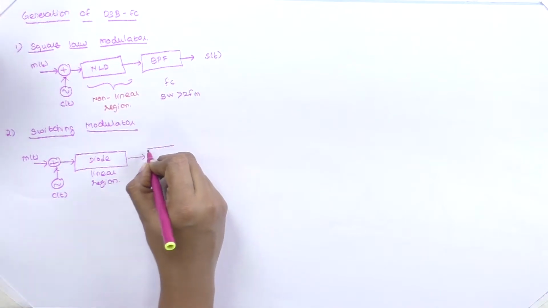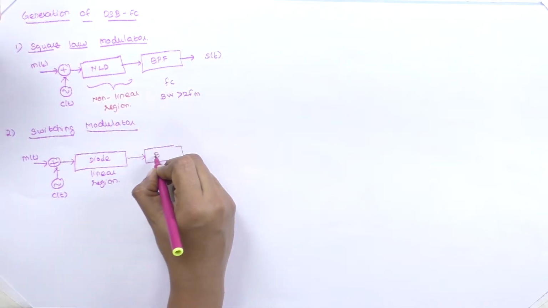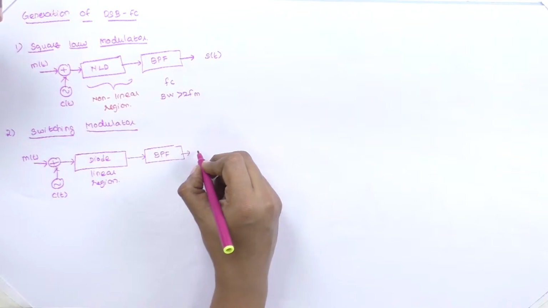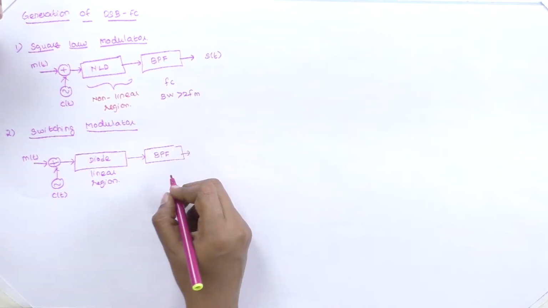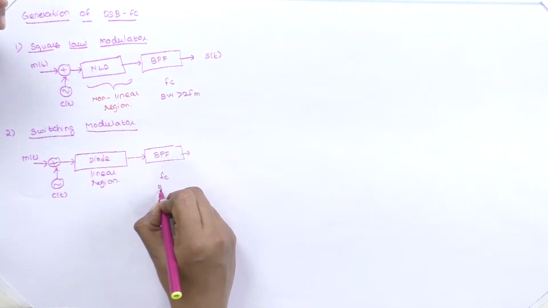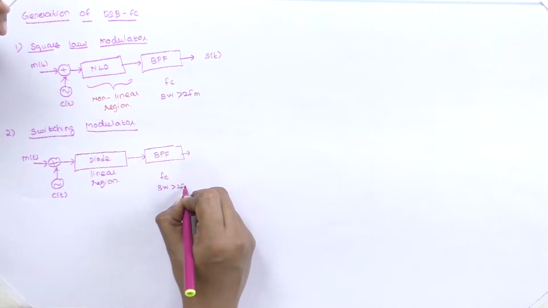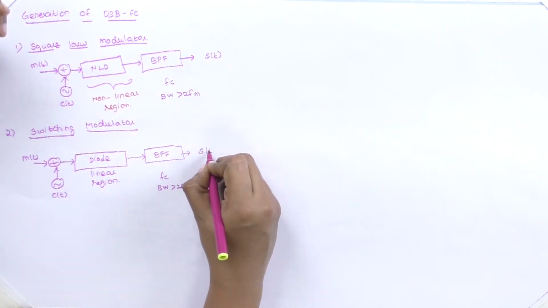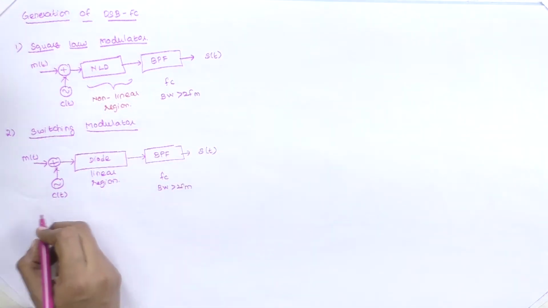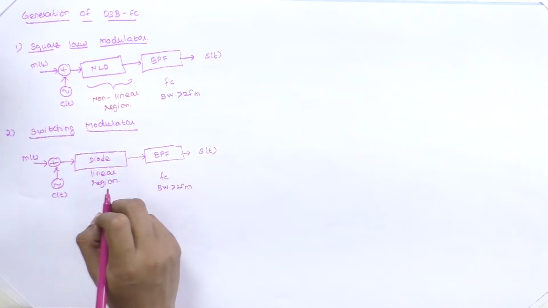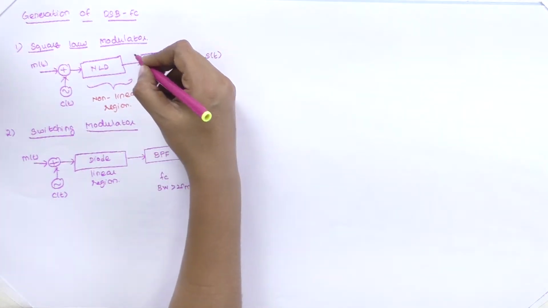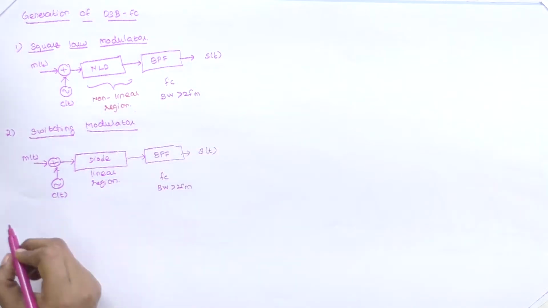The resultant is applied to the band pass filter, and after filtering out the unwanted frequencies, we get the amplitude modulated wave. Here our diode is operating in a linear region, and in the square law modulator our diode is operating in a non-linear region.